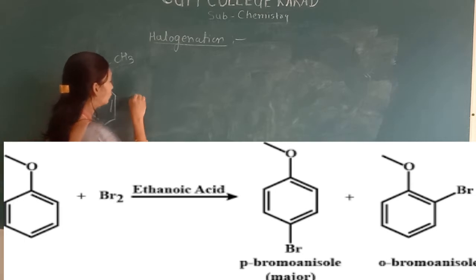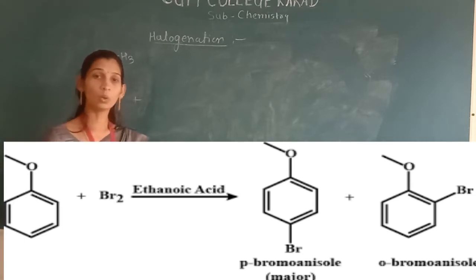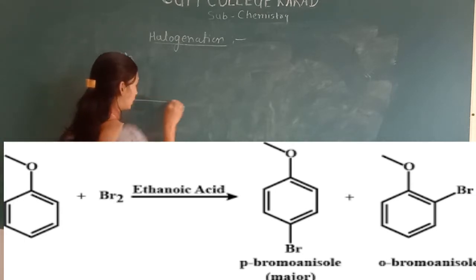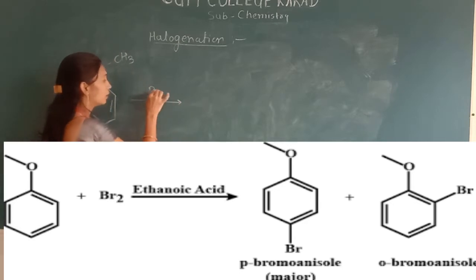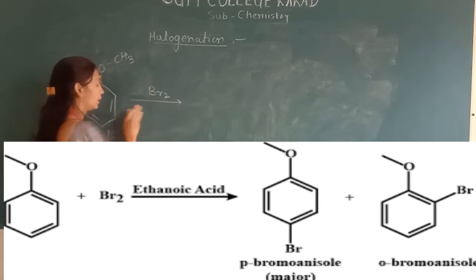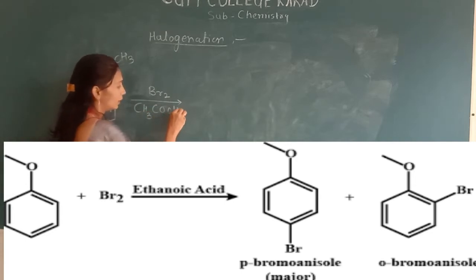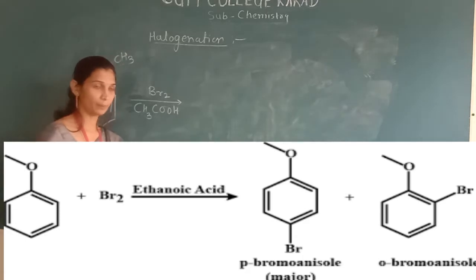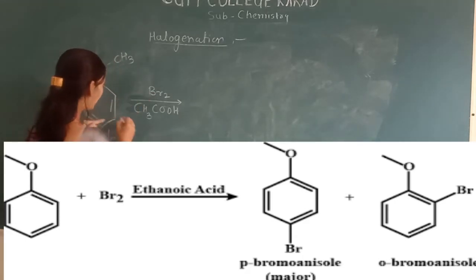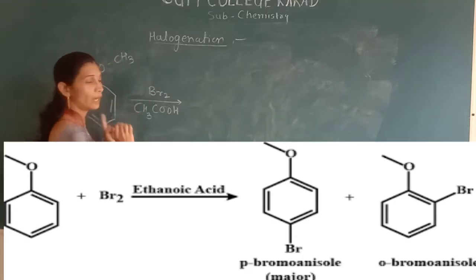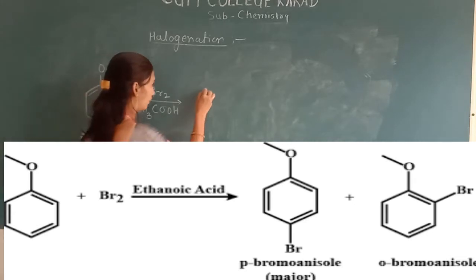Now that anisole undergoes bromination with bromine in acetic acid. Now two products will be produced: Br is attached at the para as well as the ortho position.